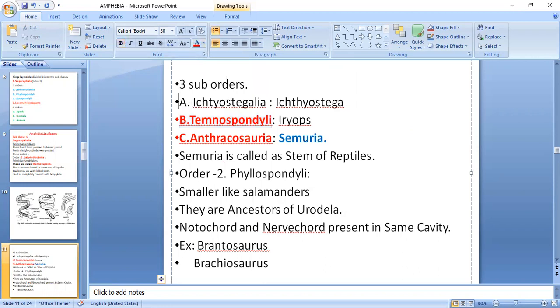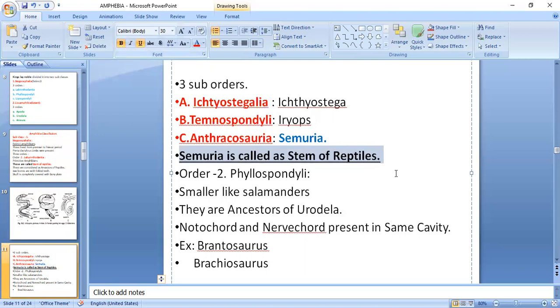That means it is the actual ancestor of reptiles. According to naturalists, the reptiles were formed from this Seymouria. So Seymouria is generally called the stem of reptiles. These two points are important in this subclass, even in national level exams. Remember the name Seymouria.